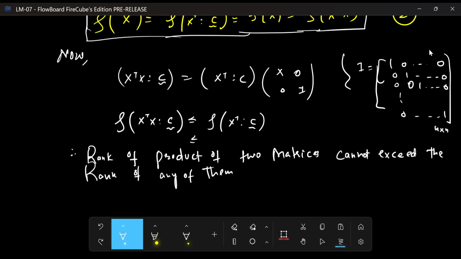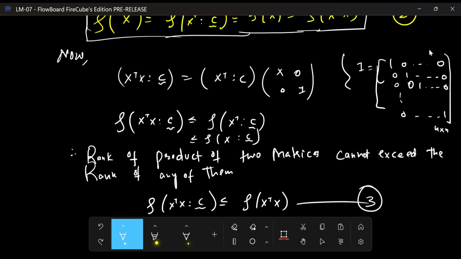Also, we can write this as rank of X augmented C curl. See, for the rank of a product of two matrices, if one matrix is X, the other matrix will be the transpose of that matrix. That's X transpose X. So we can write rank of X transpose X augmented C curl is less than or equal to rank of X transpose X. This is equation number 3.